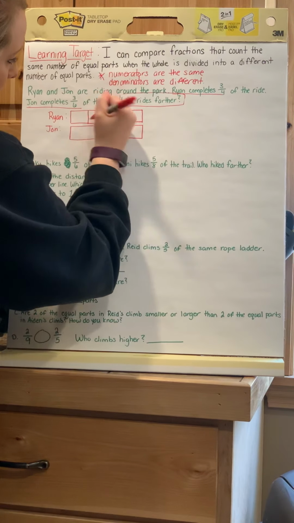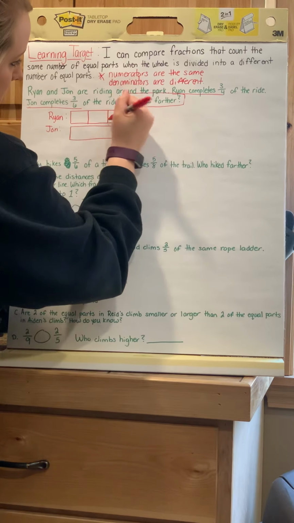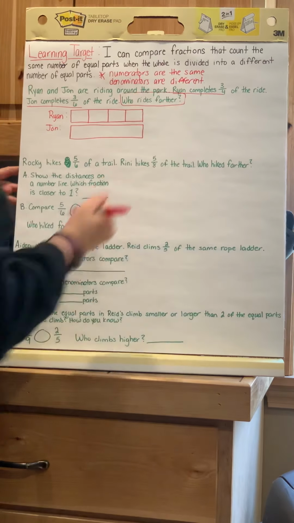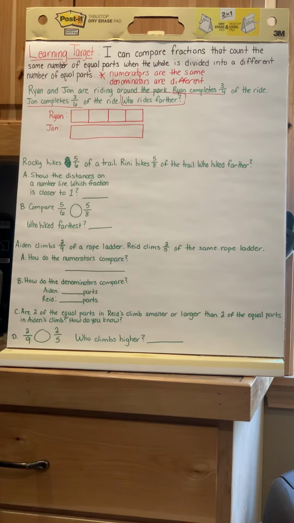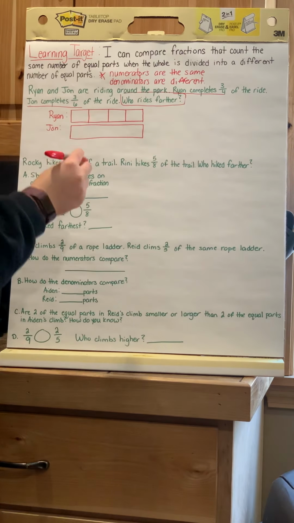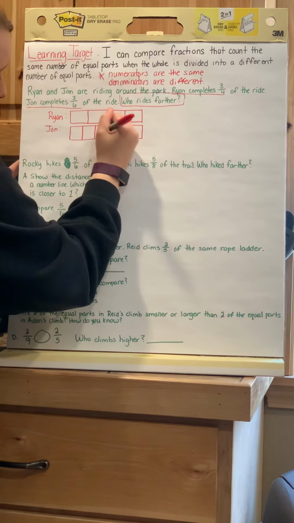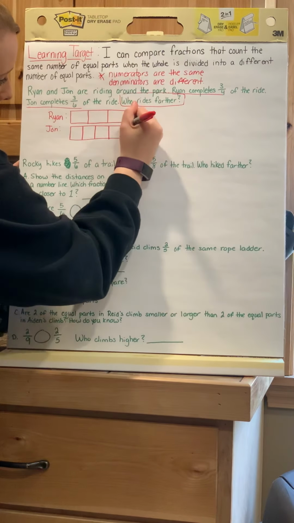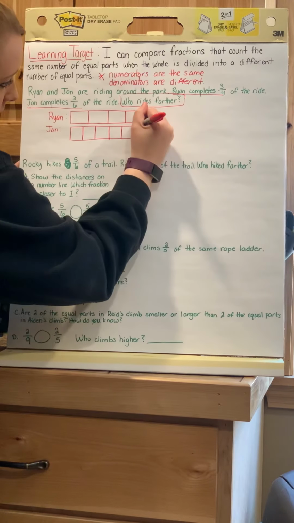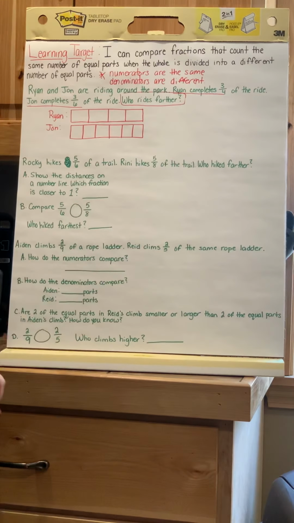So 1, 2, 3, 4. Ryan's split into 4 equal parts, and then John is getting split into 6 equal parts because he completed 3/6 of the ride. 1, 2, 3, 4, 5, 6.